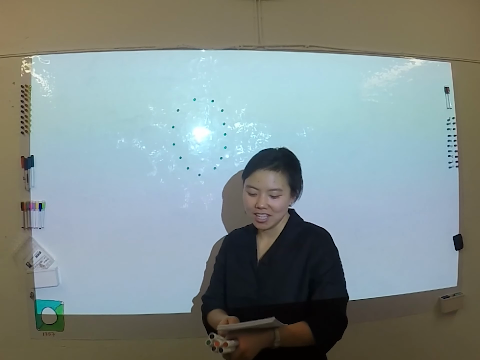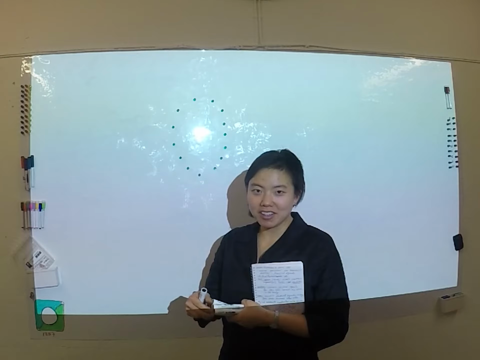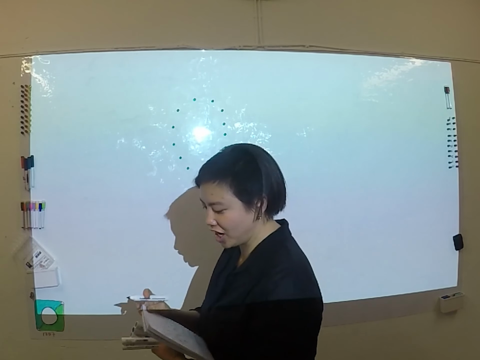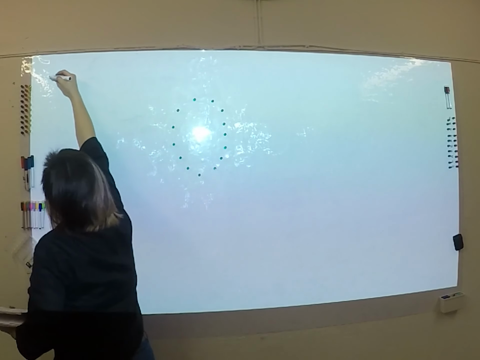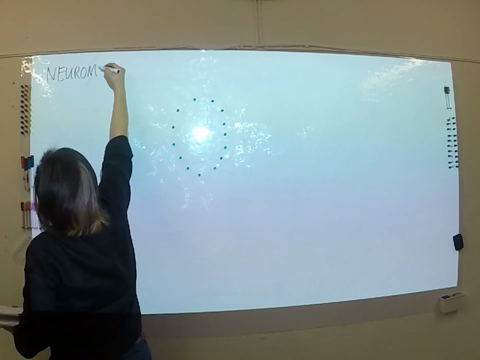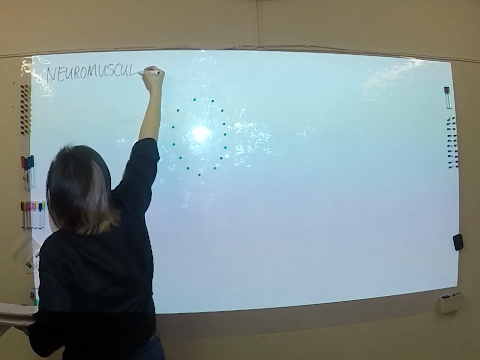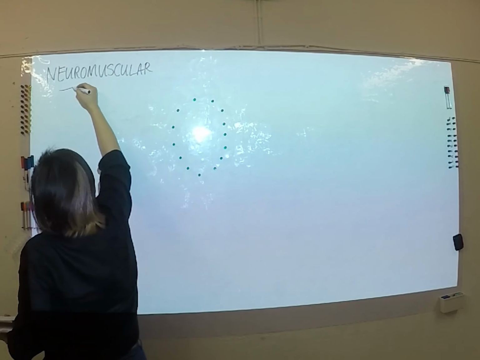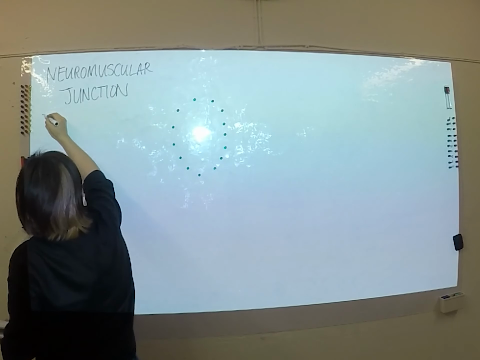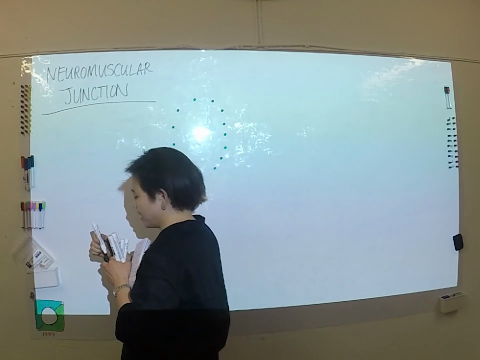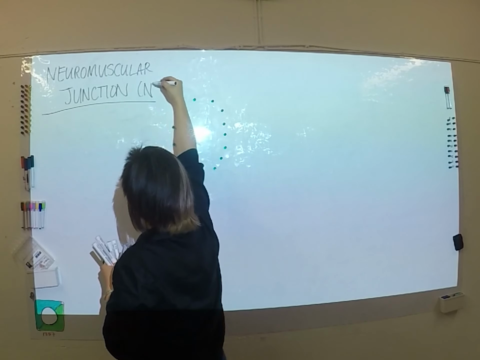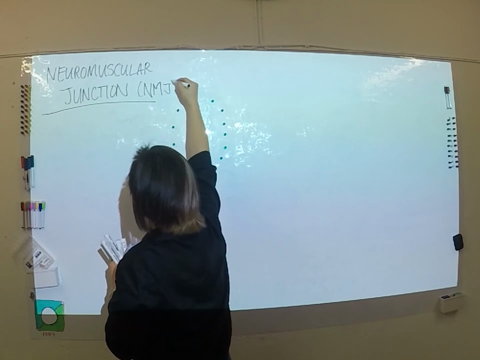Okay, so last thing we're going to talk about in these neuroanatomy video lectures is the neuromuscular junction. This is often abbreviated to NMJ.